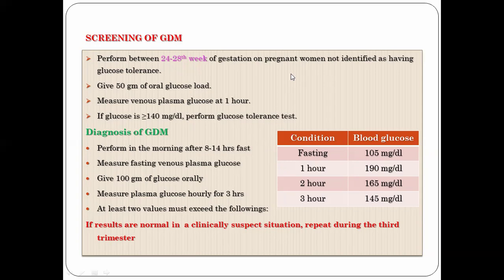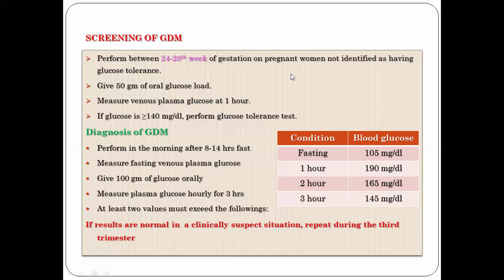Measure venous plasma glucose at 1 hour. Once you give the oral glucose, 50 gram dissolved within 300 ml of water, give it to her to drink. After exactly 1 hour, we are going to get the sample. That is the first sample.